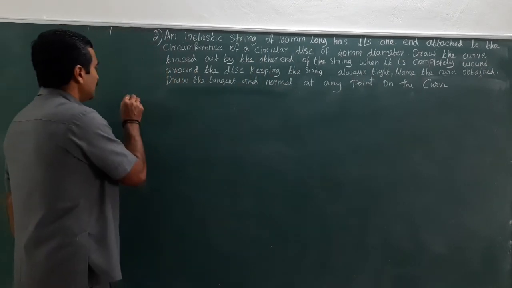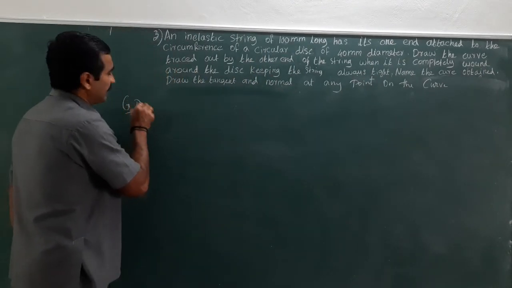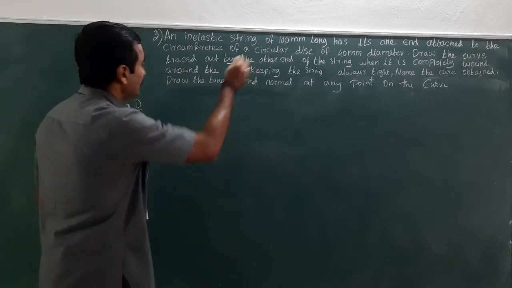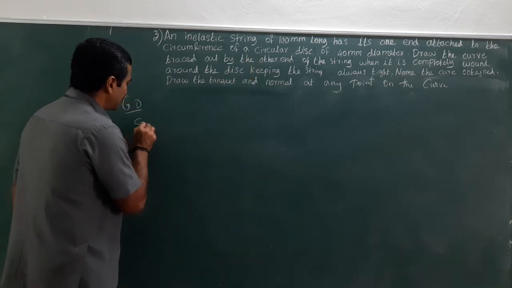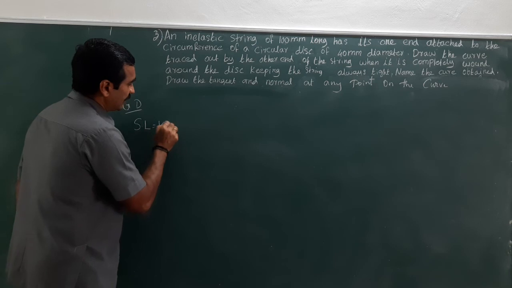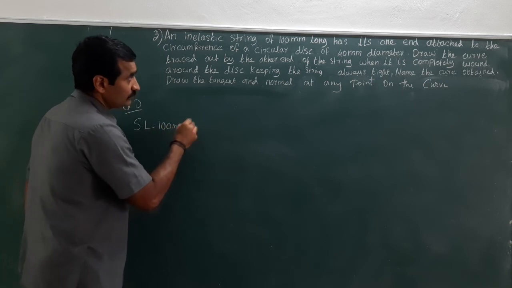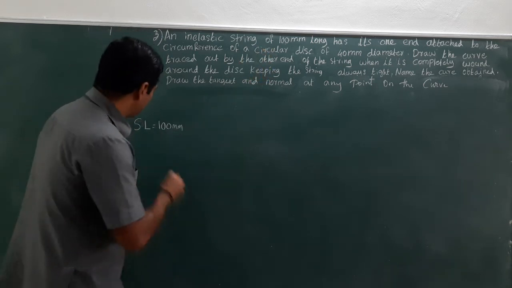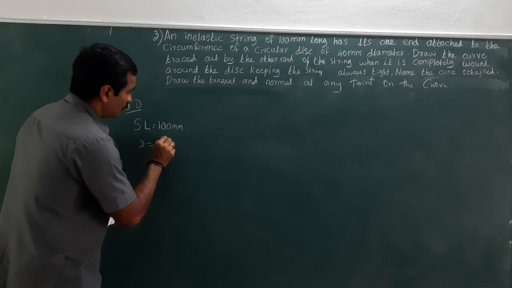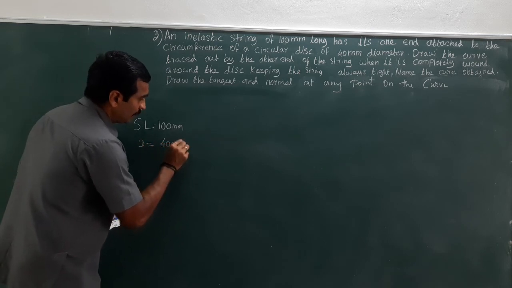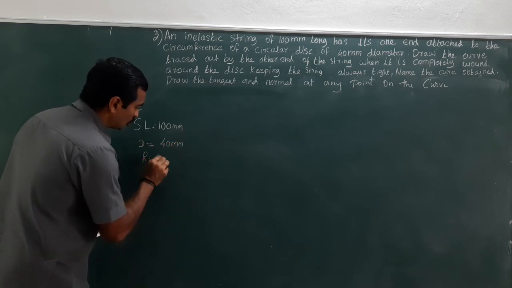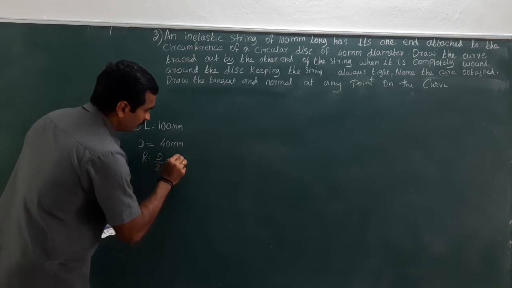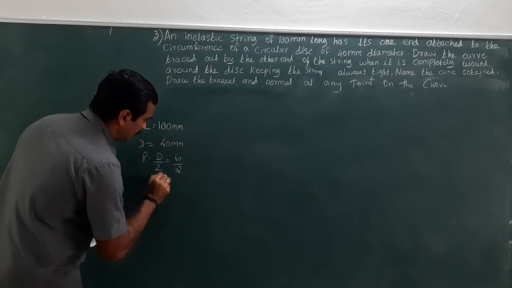Let me take down the given data. String length is given as 100 mm. And the diameter of the disc is 40 mm. Then what about the radius? R is equal to D by 2, which is equal to 20 mm.